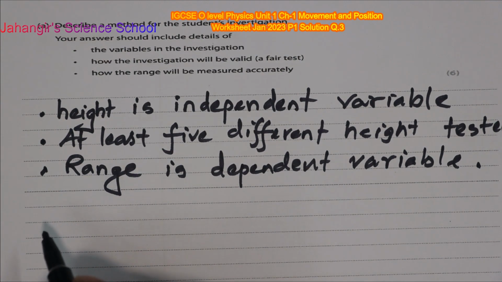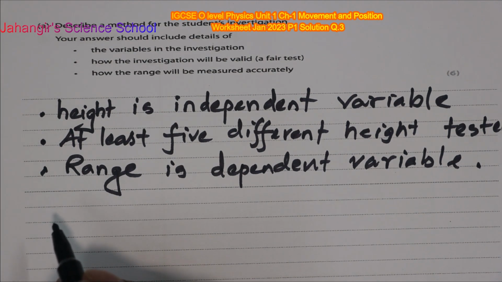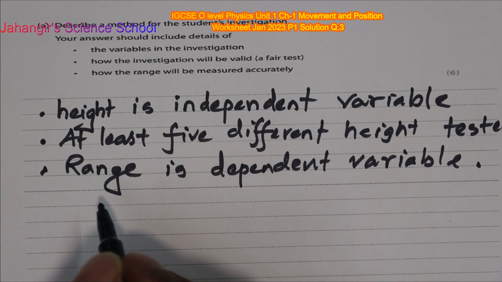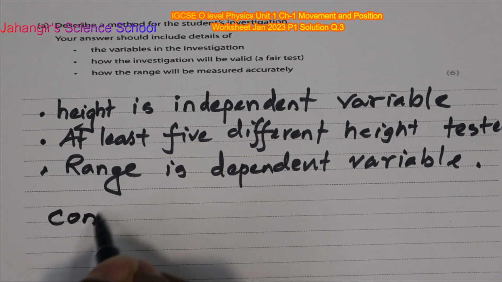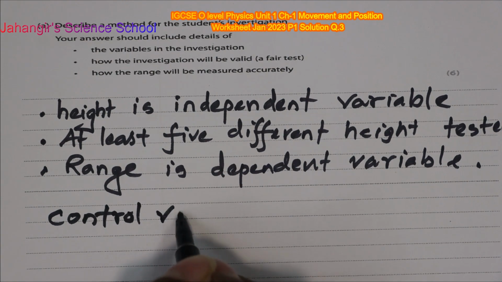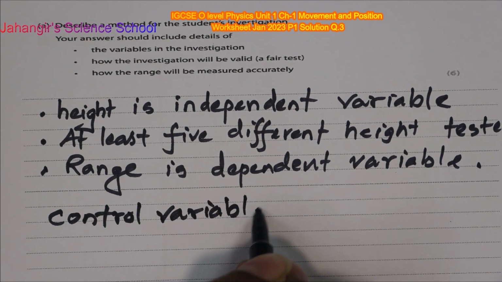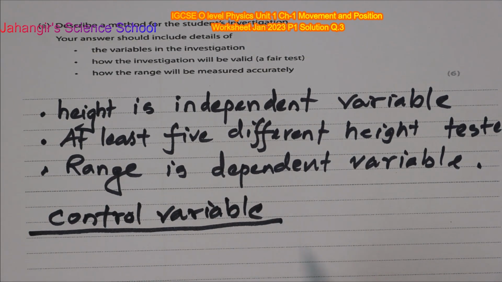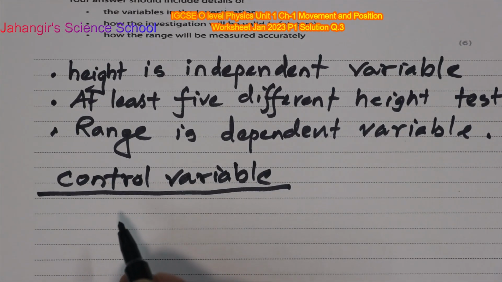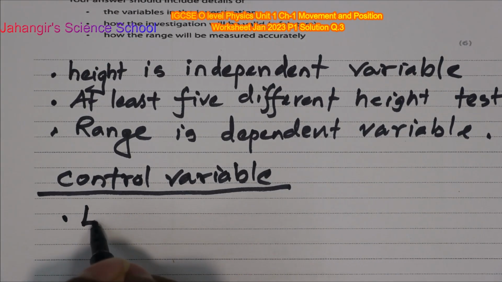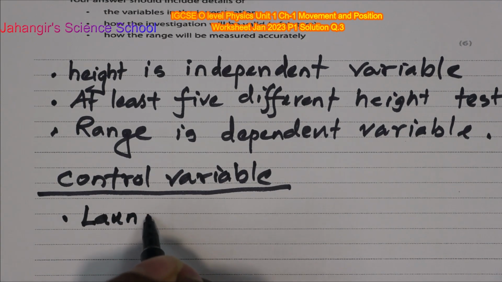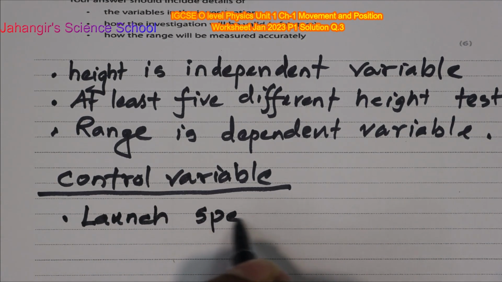Here are the control variables for a fair test. For a control variable, we should fix this quantity: the launch speed or force.